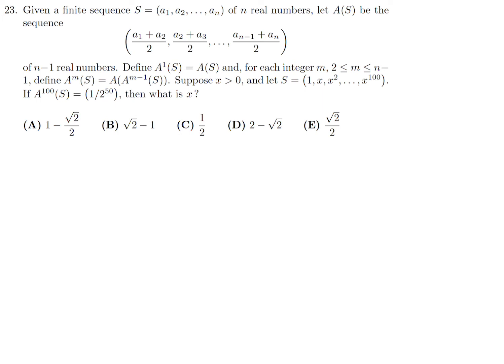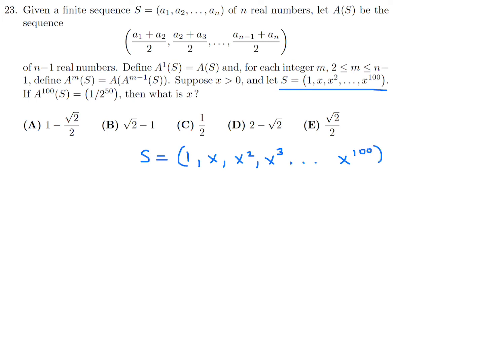All right, first let's try to understand this question. What's going on? What's happening? First and foremost, they give you this set. They tell you that S is 1, x, x squared, x cubed, and so on, all the way up till x to the 100.